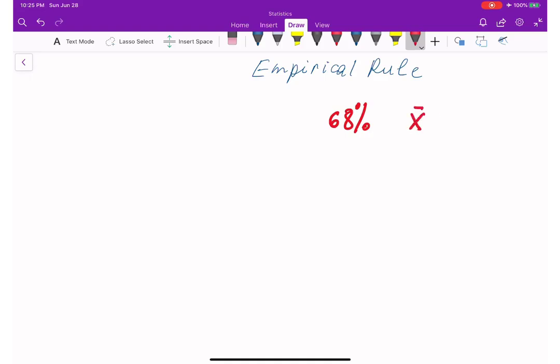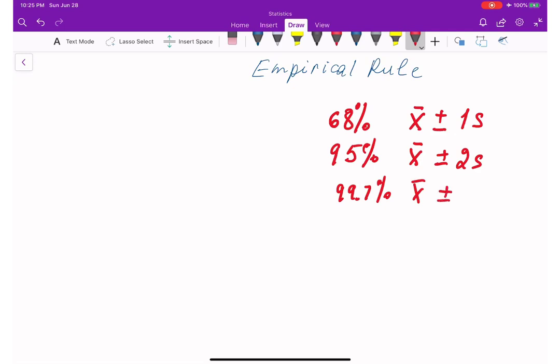Since we don't know which way, it can be plus or minus one standard deviation of the mean. About 95% of values will fit within two standard deviations of the mean, and 99.7% of values will fit within three standard deviations of the mean.